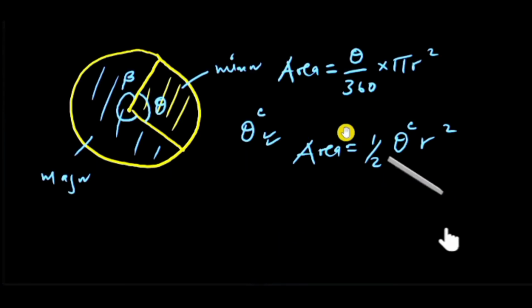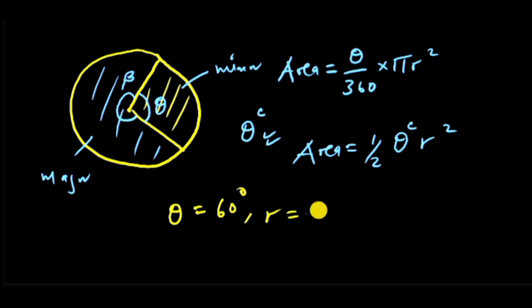I want us to see how we can use this formula to calculate the area of a sector. For example, let theta be 60 degrees and the radius be 3.5 centimeters.